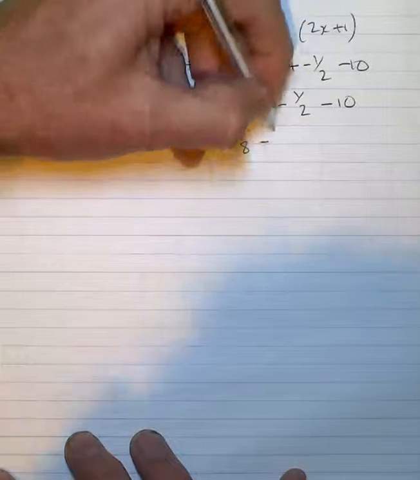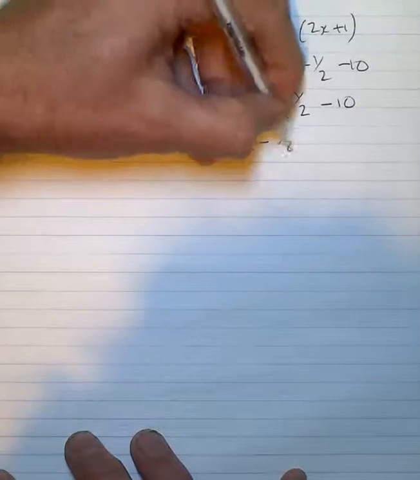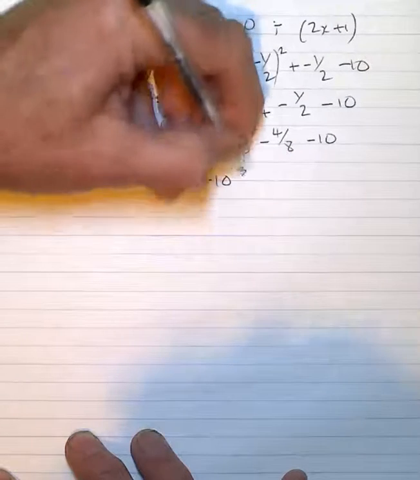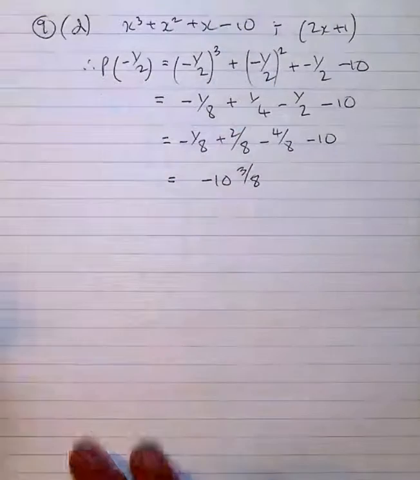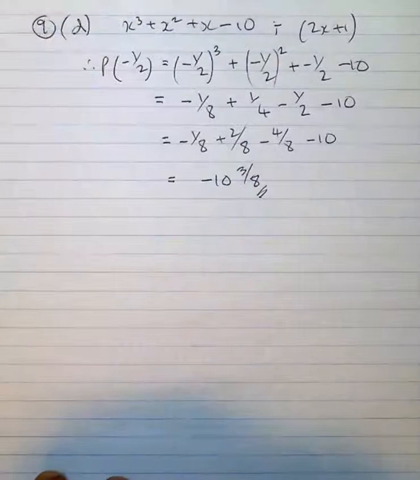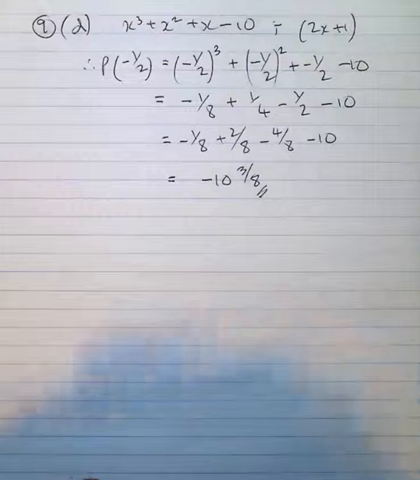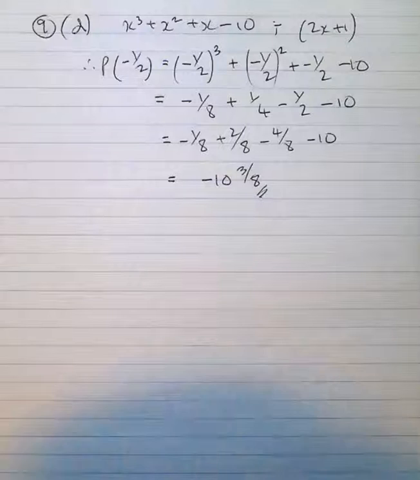Converting everything I need to into eighths, you can see there -10 and 3/8 will be my answer. So a little bit more care. There's no problems at this stage using your calculator in the fraction mode to check these as you go.